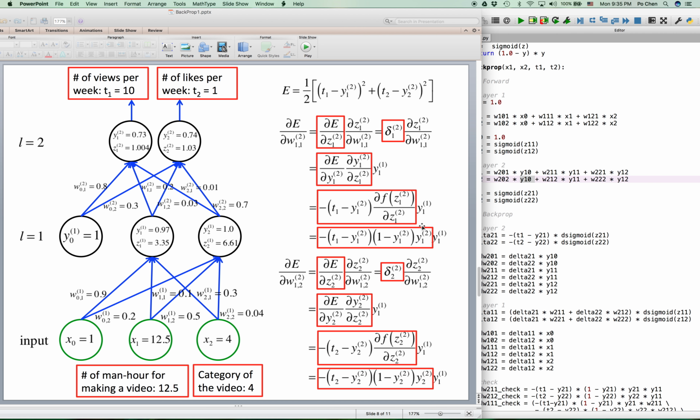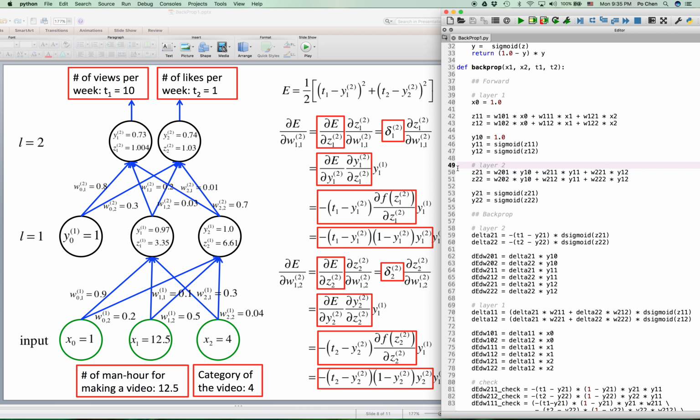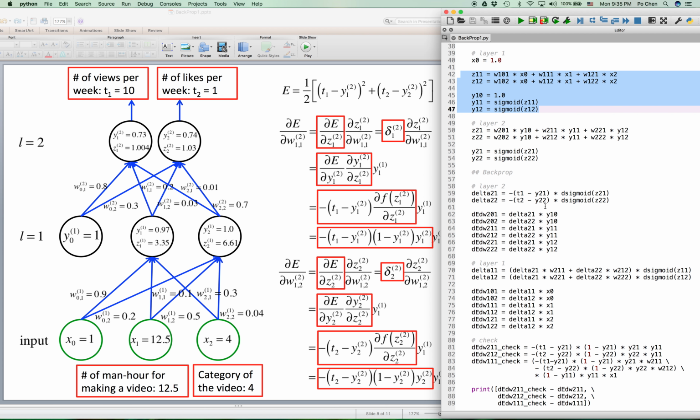But the equations are identical. It's almost the same, except the indexes for the weights have been changed to the second layer's weights. After we have finished the forward calculation, the logit z and the neuron output y for every neuron are obtained, and we have stored them inside the corresponding variables.